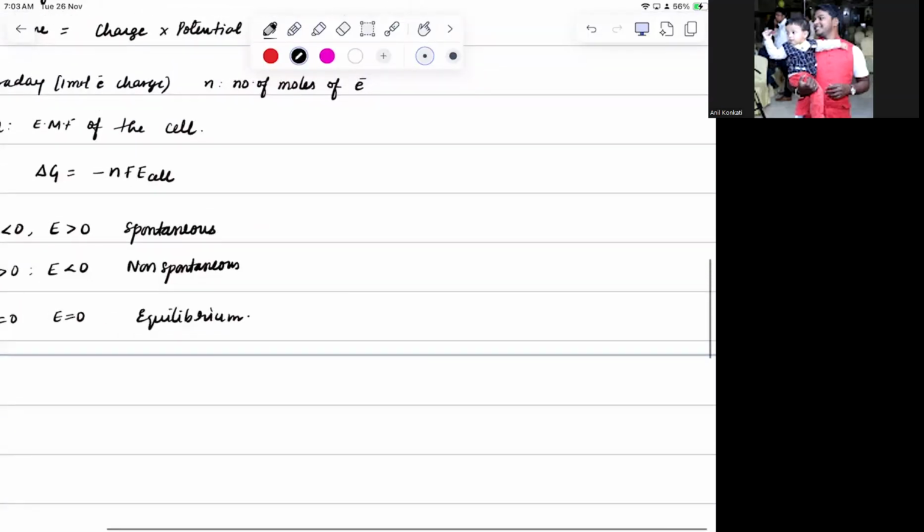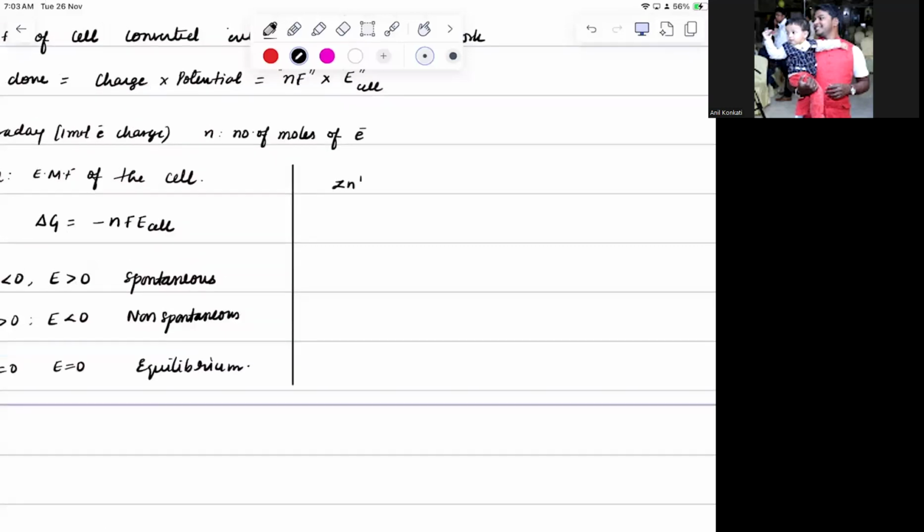Next. Whenever we write a representation like this, zinc becoming Zn2+, it means we are talking about an electrode where zinc is converting into Zn2+, which means it is an oxidation.